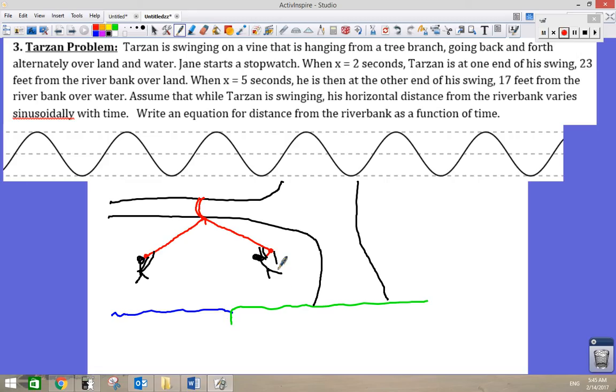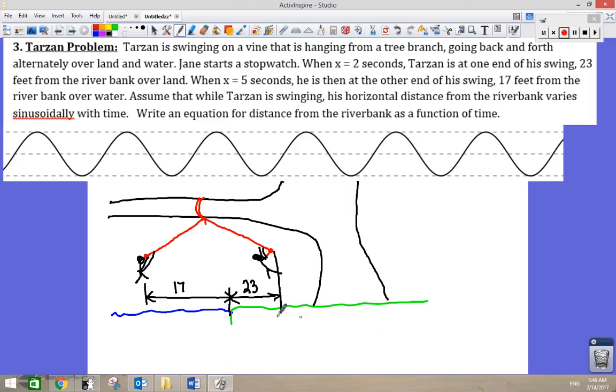Now this isn't to scale very well, because the distance from the riverbank to one end of the swing is 23 feet from the bank over land. So this is 23 feet over land. And the way I've drawn it here, the 23 looks shorter than the 17 feet, but we get the idea.